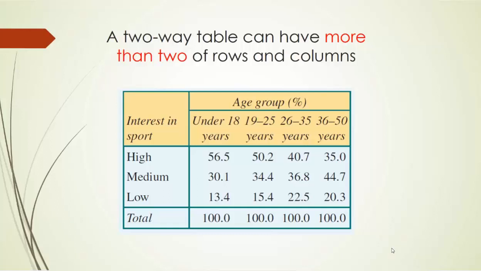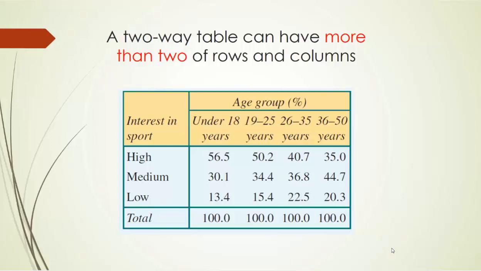Now, can we say on any of those 3 levels of interest whether there is a relationship between age and interest? 56, 50, 40, 35. You can see there? Going down, aren't they? High interest going down. Medium interest, it's actually going up a bit.